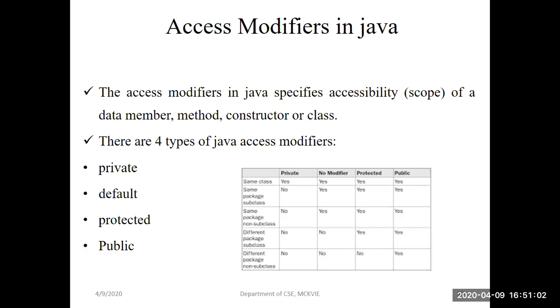So today we started with the topic package, and we learned the theoretical concept of package, the meaning of package, why we use those packages, and now we have discussed the access specifiers and their accessibility of data member, method, constructor, or class, how far we can access for each and every type of access specifier.